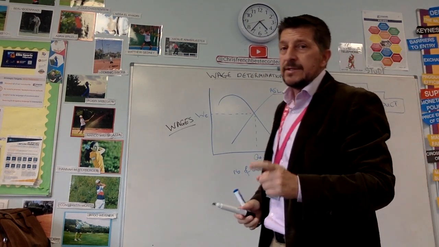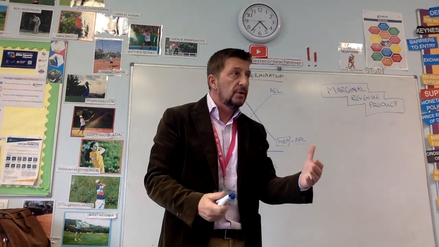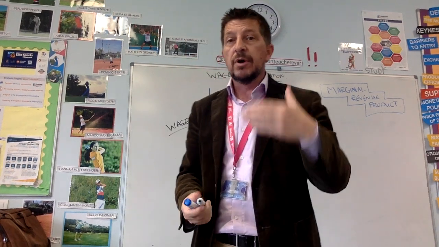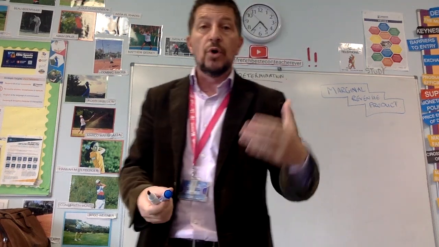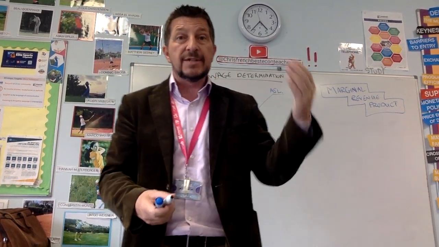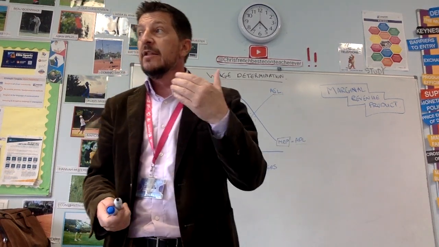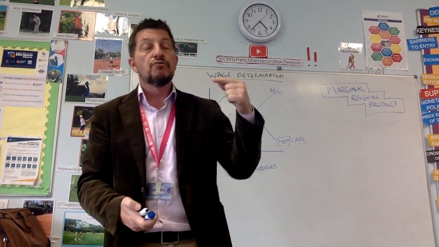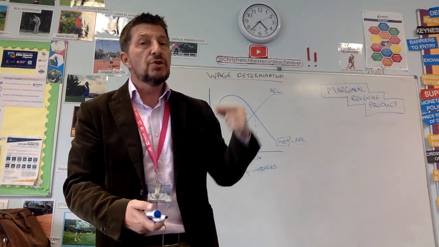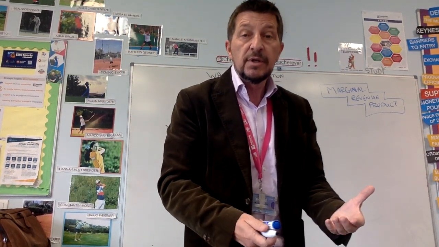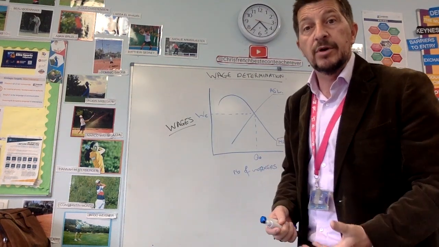Well, what it means is if you employ a person or a worker and they add a certain number of units to your output and you sell those units at a certain price, they will give you a monetary benefit from employing them. This is the marginal revenue product. The additional revenue from the products that they produce when you employ that one person.